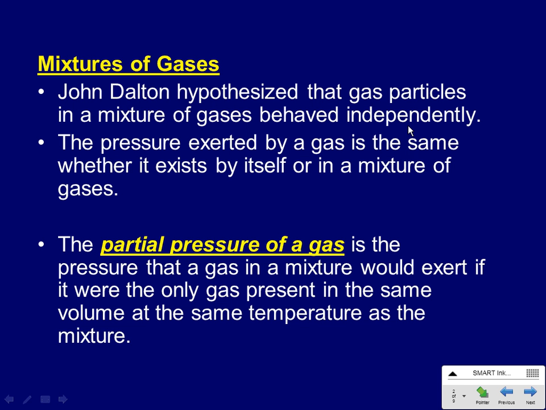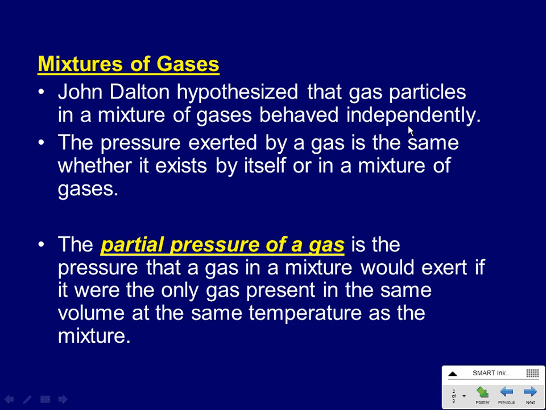And I described this to you when we first started talking about gases, right? A gas is a state of matter where there's so much room between the particles that they travel along in a straight line until they run into the wall or another particle. And in order to be an ideal gas, they don't interact.